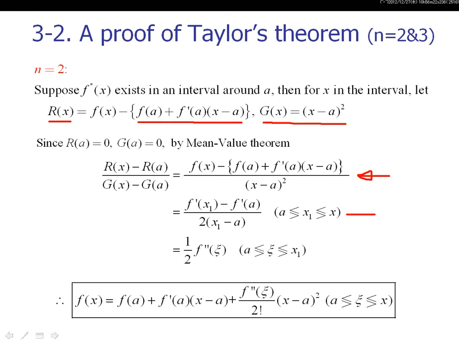And we get this. And we can use the normal mean value theorem. By the normal mean value theorem, this is equal to f double prime xi, and xi is between x1 and a. So we get rx over gx equal a half f double prime xi, and xi is also between a and x.